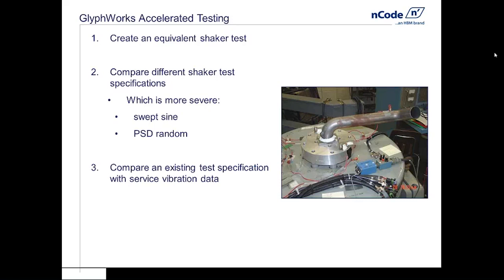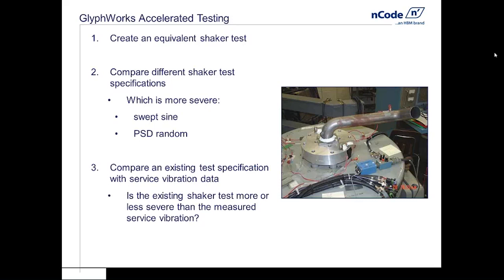We can also use the nCode accelerated testing software to compare existing test specifications with measured service vibration data. This is a question that comes up often. Is the new vibration data more or less severe than the existing shaker profile? We can use the nCode accelerated testing software to answer this question.